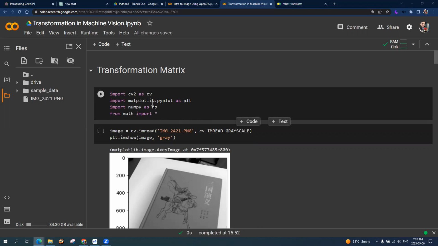Okay, today we're going to talk about a more generic form of the transformation matrix that allows you not only to do translation and rotation, but also shearing, mirroring, scaling, and a whole bunch of stuff.